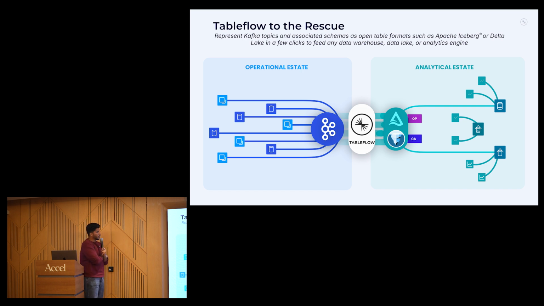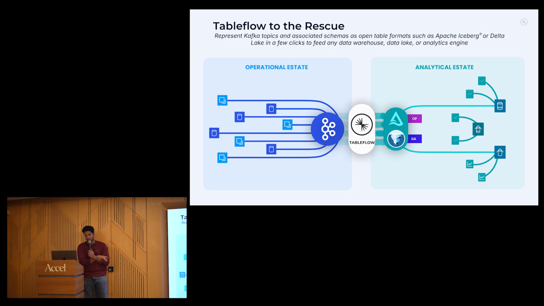The idea is that almost all companies use Kafka in production, and it's not a new technology. There are a lot of integrations. For example, if you want to ingest from Postgres to Kafka, you have a connector. We have 100 plus managed connectors in Confluent. So getting data into Kafka is already a solved problem.